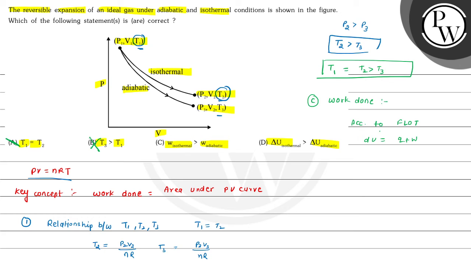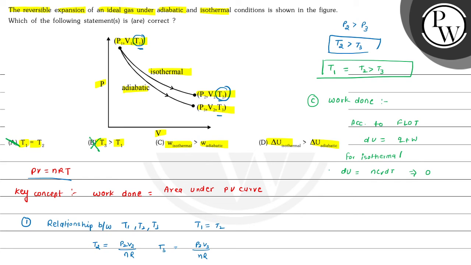Now for isothermal process, we can write dU is equals to nCv dT. Here dT is T2 minus T1. In isothermal, temperature is constant, so the value of dU is equals to 0.